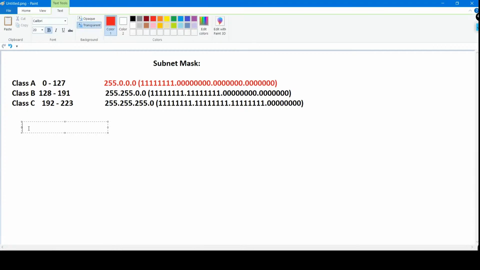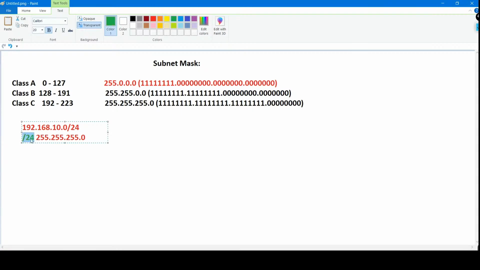I have one IP address, suppose 192.168.10.0/24. This /24 is your network bits, right? So if you convert /24 into a subnet mask, what will the subnet mask be? For /24, it will be 255.255.255.0, because /24 means network bits.